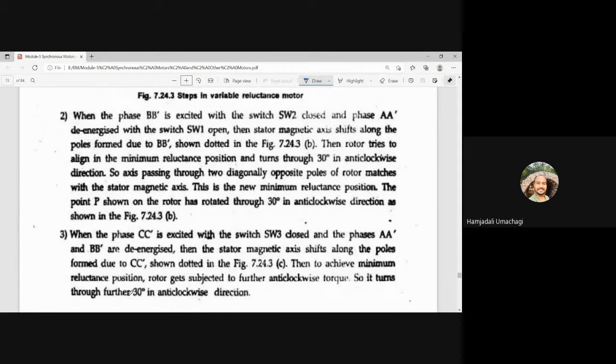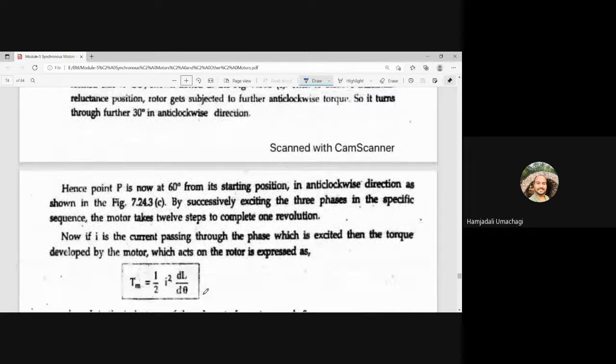To achieve minimum reluctance position, the rotor gets subjected to further anti-clockwise torque, so it turns through a further 30 degrees. Hence point P is now at 60 degree from its starting position, the reference point of 0 degree, in anti-clockwise direction as shown in figure 7.24.3c.